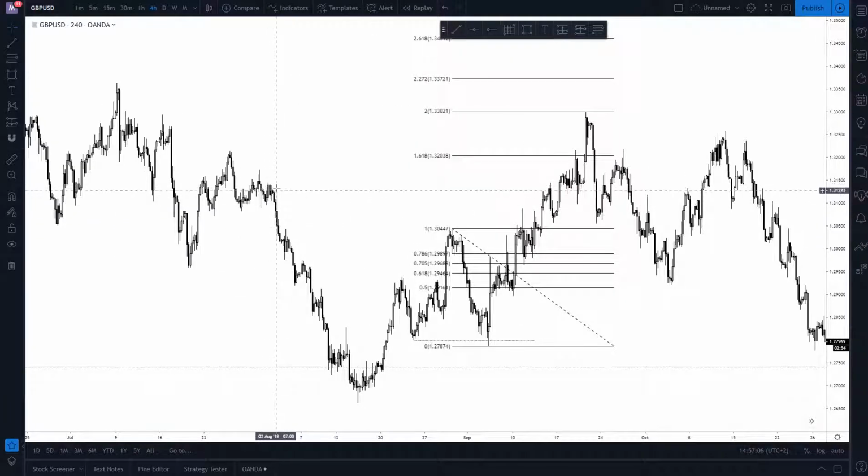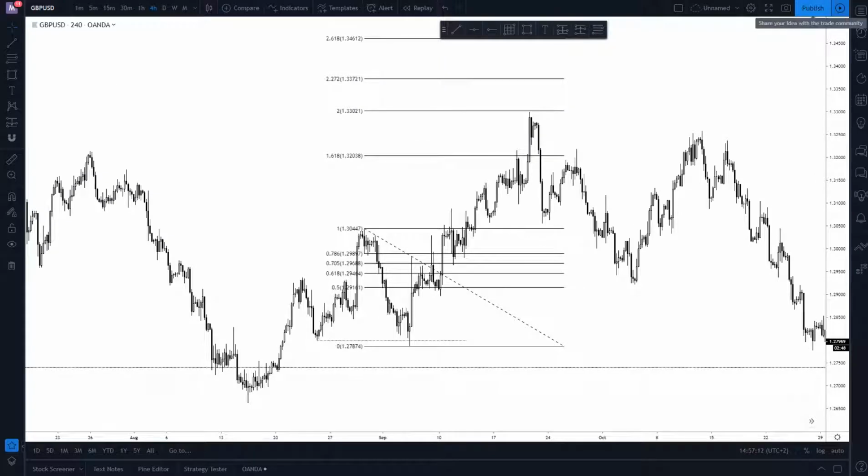We have a supply zone right here, for example, so you can just take profit right at this level. But if I would be just using the fib extension, you can see that we hit the 1.618, we had a rejection, then price pushed higher once again, stopped at this 2.0 extension, and finally sold off.